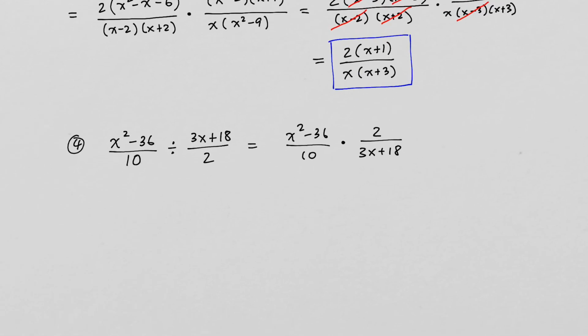Then we're going to go ahead and factor each of these. So x squared minus 36 is the difference of two squares. 10 I'll just leave alone as 10. We're going to multiply that by 2 over, and then down here we can pull out a common factor of 3.